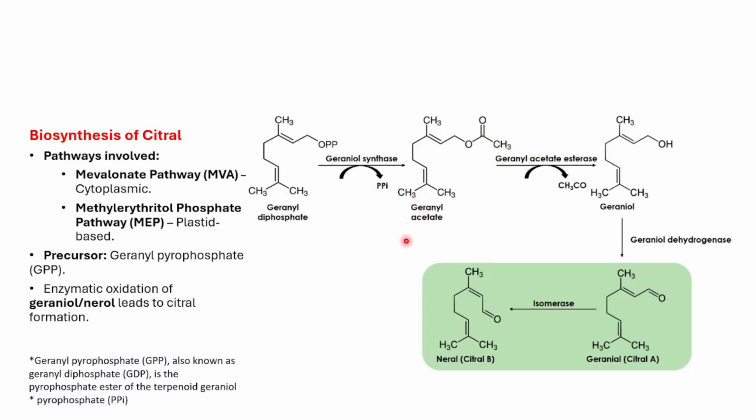The compound is geranyl acetate. After that, the removal of the acetyl group in the presence of the geranyl acetate esterase enzyme gives geraniol, an alcoholic compound. After that, by treating with the geraniol dehydrogenase enzyme, we will get geranial, meaning an aldehyde is formed at the terminal point. After the isomerase, this geranial converts into neral, that is citral B.